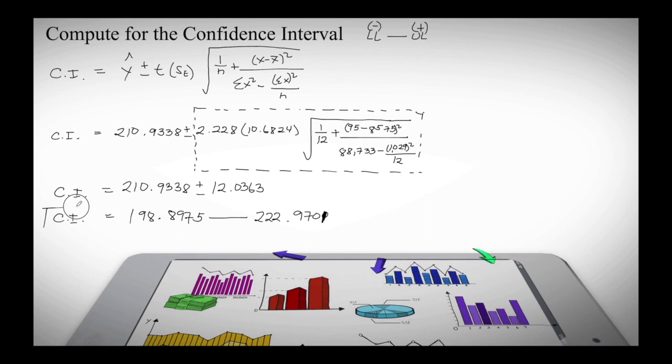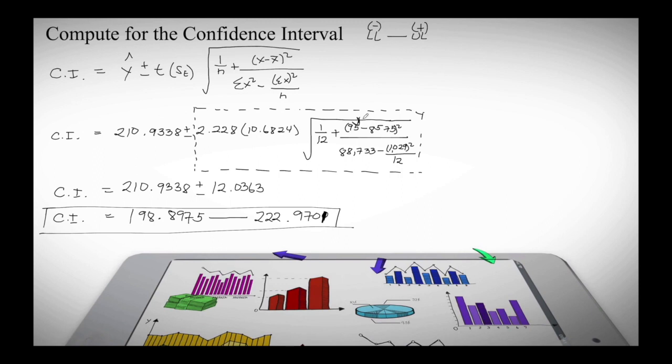Ayan, ito ang ating confidence interval. Anong ibig niyang sabihin? No, ibig lang pong sabihin nito, when the confidence interval is at 95% level, the number of fruit shakes sold when the temperature is 95 degrees. Ayun yung ginamit natin no, 95 degrees.